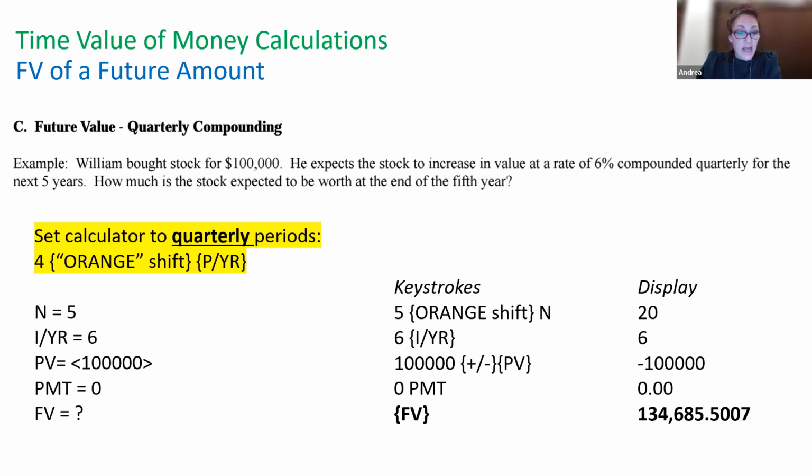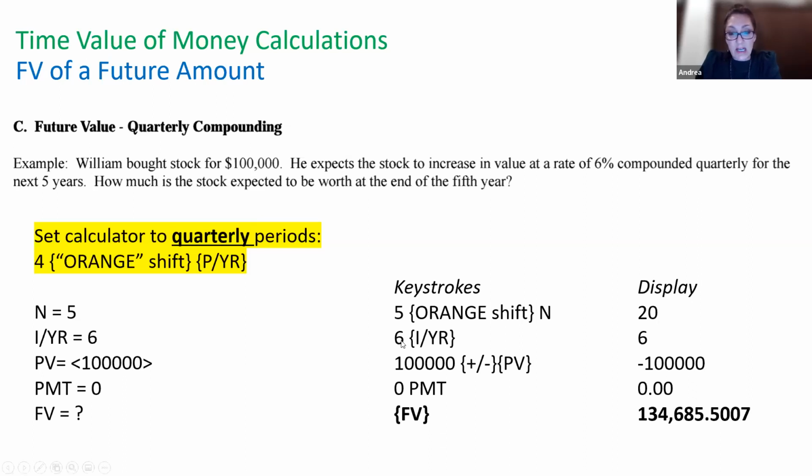All right, here are our keystrokes. We have our variables over here, but I'll talk through them as well. The 5 for the 5 years, your orange shift button and N, and that will display 20 because it's 20 periods, those quarters. So 20 quarters.